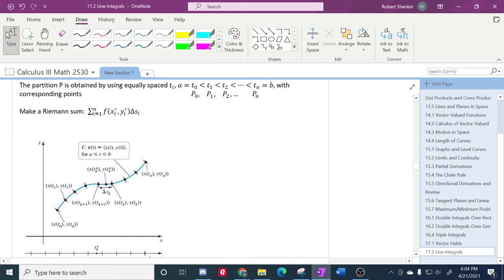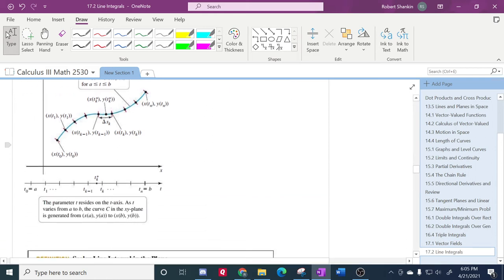Now they call it f of x sub i star, y sub i star. So in that first subinterval, you're going to take a sample value. Now that's going to be like the height above one point in this interval of the surface, which we're kind of visualizing as a ceiling.